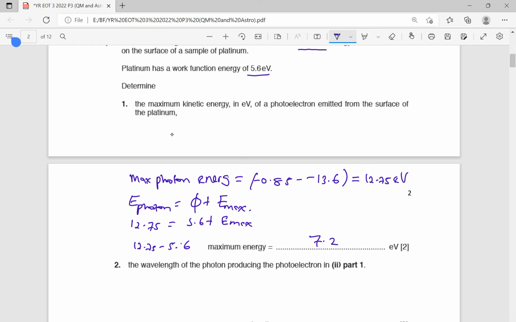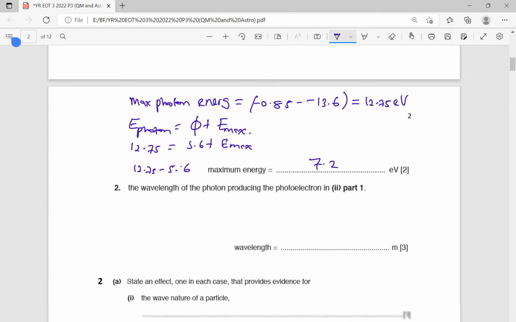of the photoelectron emitted. Next, the wavelength of the photon producing the photoelectron in part 1. So we want the wavelength. Remember, energy of a photon is equal to hf, which is equal to hc divided by lambda.